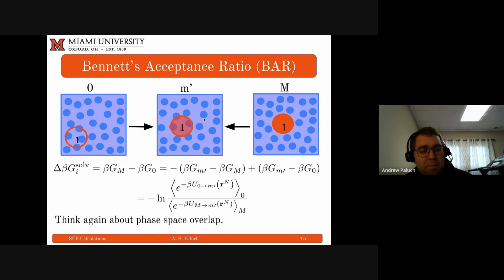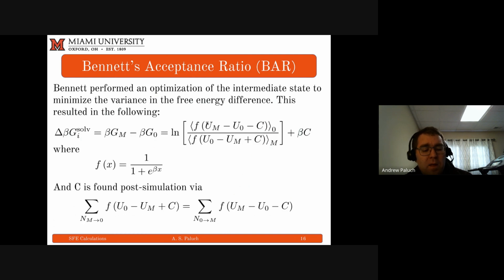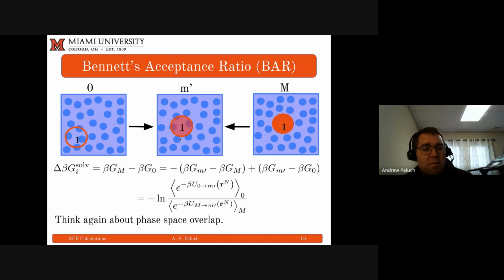So the idea behind Bennett was, can I perform some simulation in 0 and m, track these fictitious perturbations as a function of time, but then find the optimal value of m prime, which would be a scaling between my solute and solvent intermolecular interactions? Can I find the optimal value of m prime, or scaling of those intermolecular interactions, after the simulation is complete?